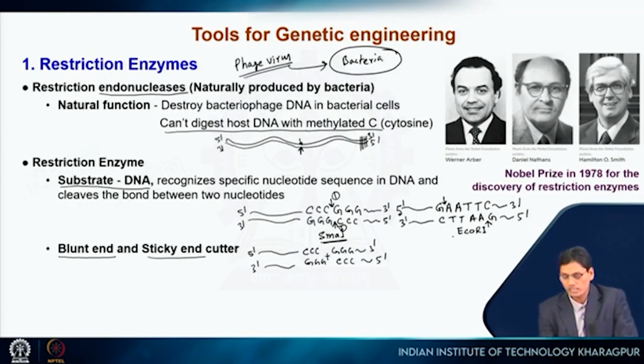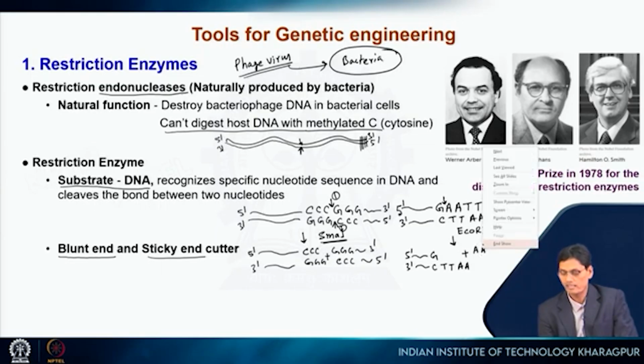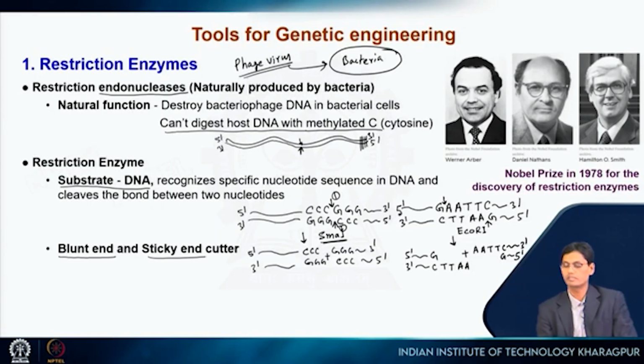Now if you see, the product will be something like this: 5 prime, G, and then 3 prime, C, T, T, A, plus here A, T, T, 3 prime, and then you have G, 5 prime.